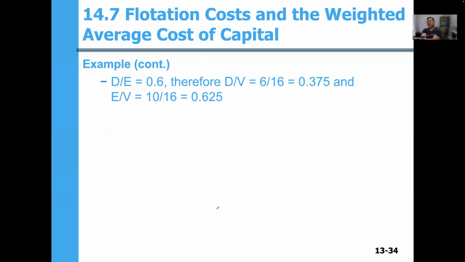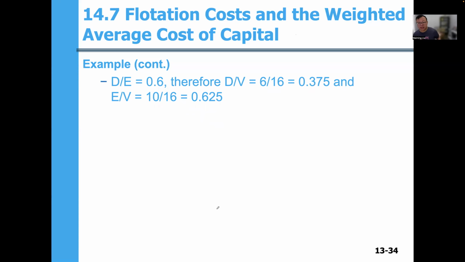So first, let's see the relative weight of the debt and equity. Based on the debt to equity ratio 0.6, for every 10 equity, there are going to be 6 debt. So 6 out of 16 versus 10 out of 16.